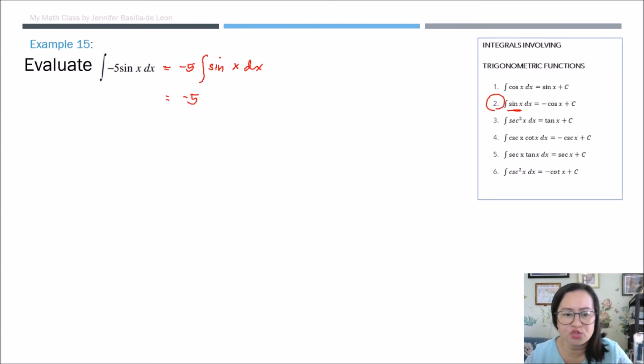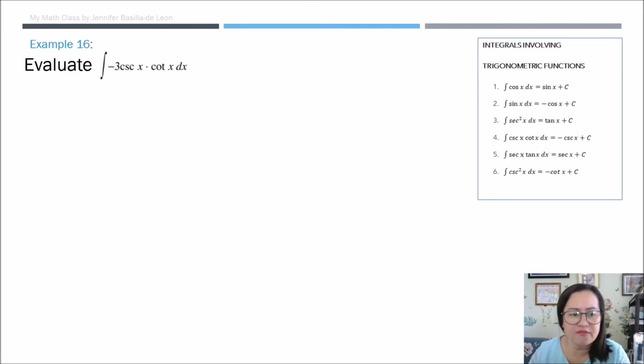Applying rule number 2, we will have negative 5 times negative cosine x plus c. So negative times negative, we shall have positive, so cosine x plus c. Now let's have example number 16.